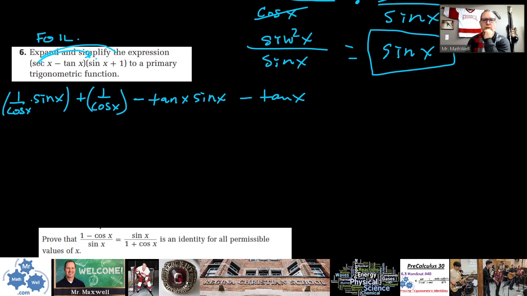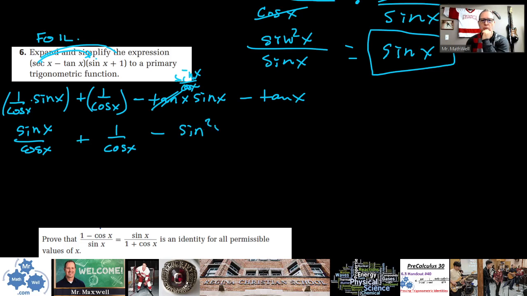So now I'm going to show you that this sine times 1 over cos is actually sine x over cos x, plus 1 over cos x. This right here, tan, is actually sine x over cos x, isn't it? So this is going to be sine squared x, because I've got sine x times sine x divided by cos x.